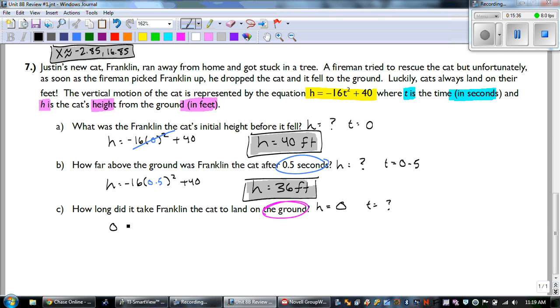Okay, so we have 0 equals negative 16t squared plus 40. Now there's a couple different ways you can solve this. There's no linear term, which means we can solve using inverses. I just like to have a positive quadratic term. So I'm going to add the 16t squared to the other side, and we get 16t squared equals 40.